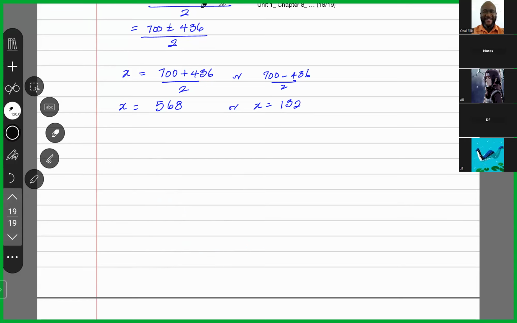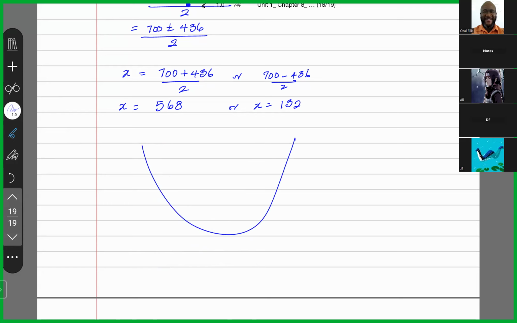All right, so drawing back our quadratic. Sorry. This is still 568, and this is 132. So the value of x must be what?